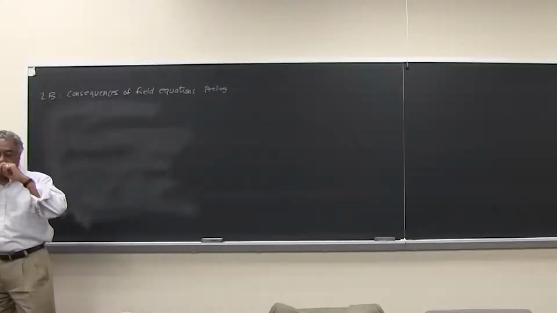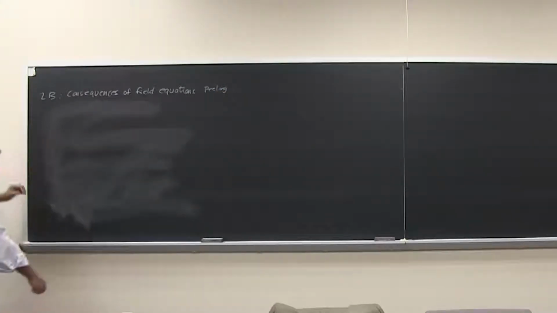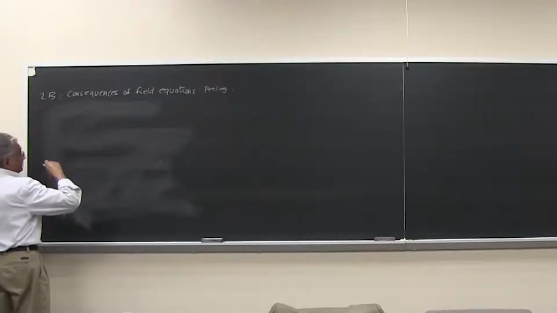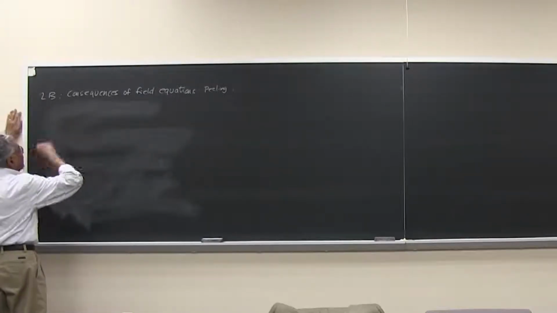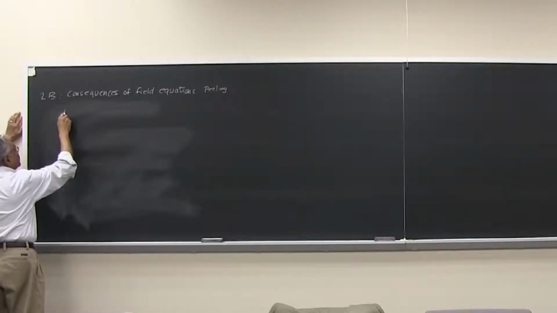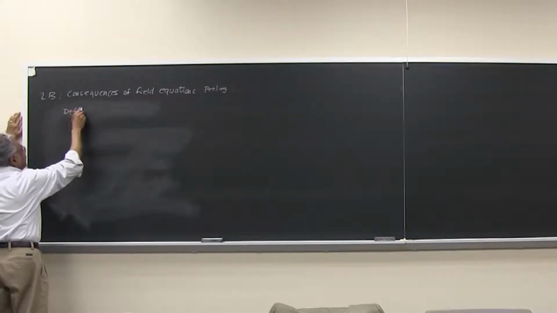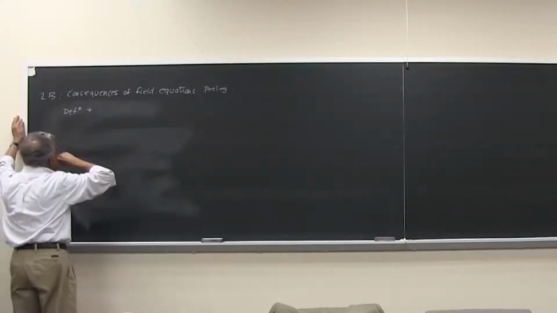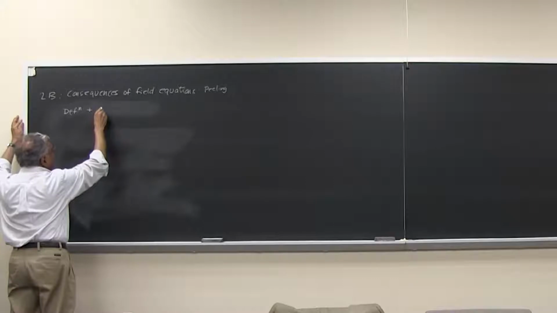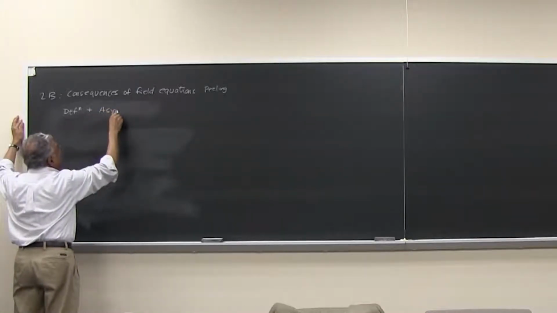And what we saw last time was that we use the definition of asymptotic flatness, plus we use the asymptotic field equations.